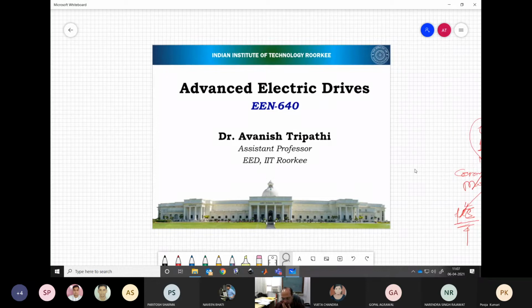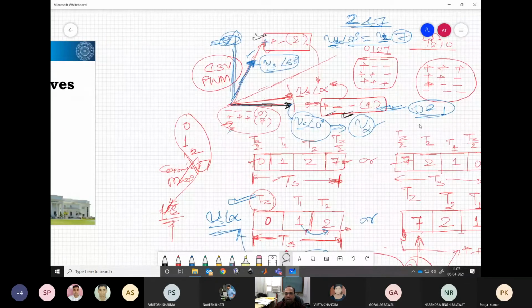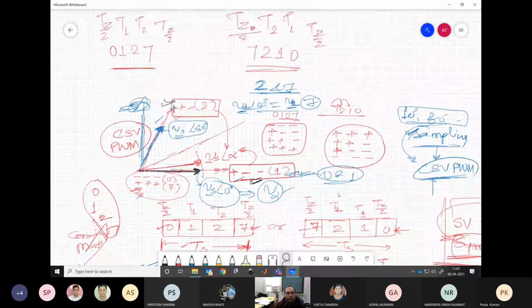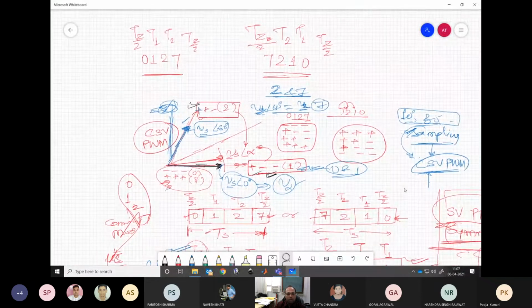Now there was some gap also. So picking up from where we left last time, we were discussing some different things than what we have been doing so far in conventional space vector PWM.